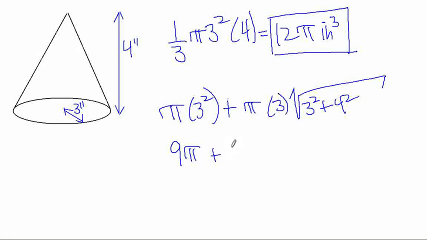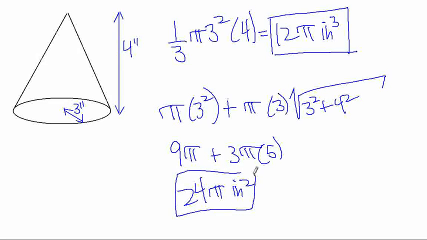So 9 pi plus 3 pi times, let's see, the square root of 9 plus 16 is the square root of 25, which is 5. So now I have 9 pi plus 15 pi, which is 24 pi square inches for the surface area.